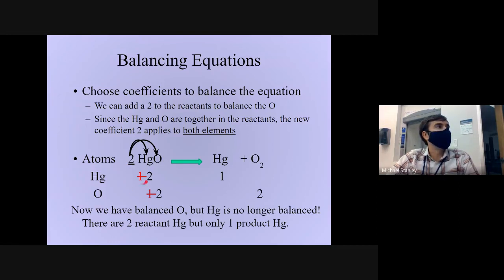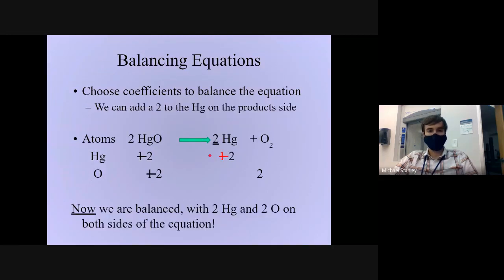So if this guy is a 2 and this guy is a 1, maybe we can do something over here to make this Hg be a 2. I'm thinking we put a coefficient of 2 right in front of our Hg friend right here. So let's do that. We'll add a 2 to Hg on the product side.